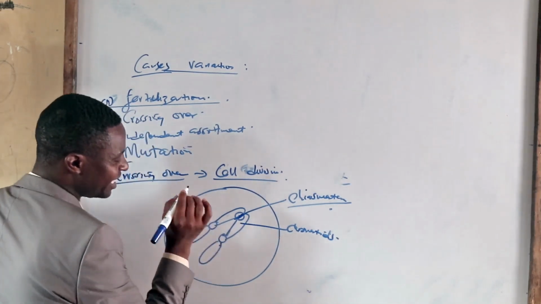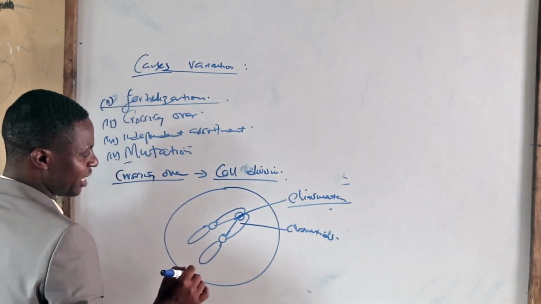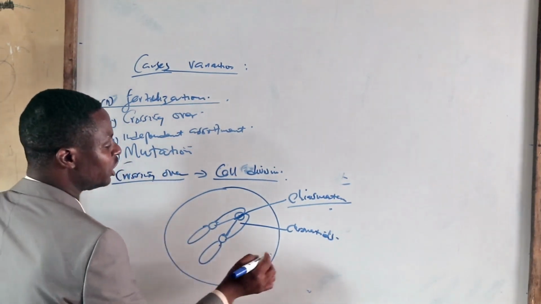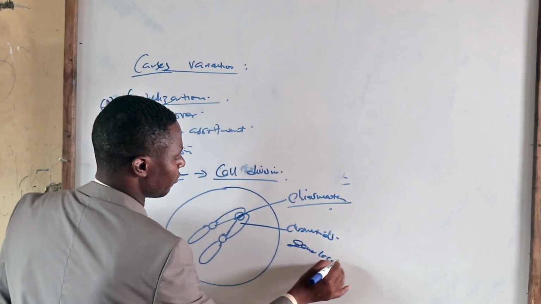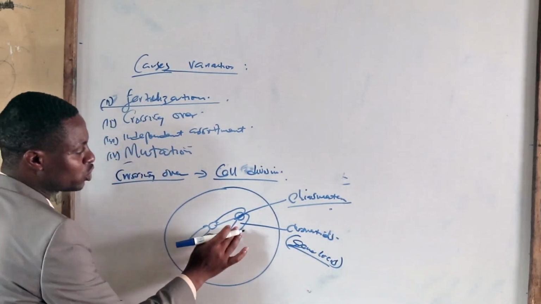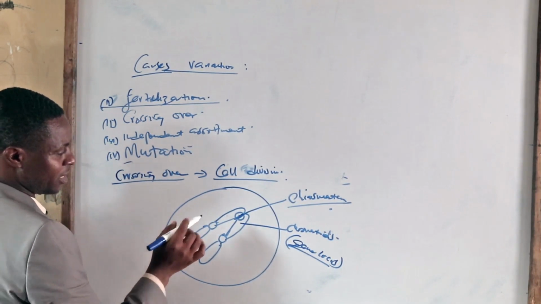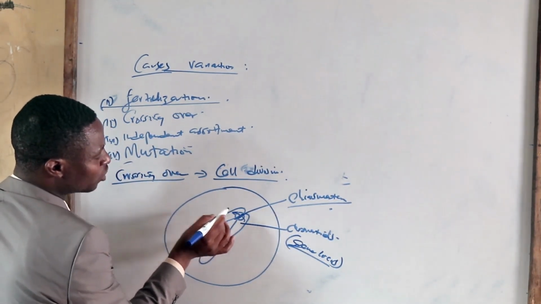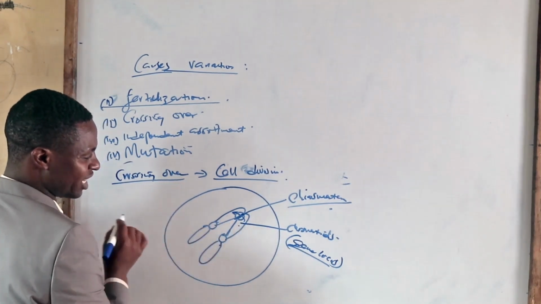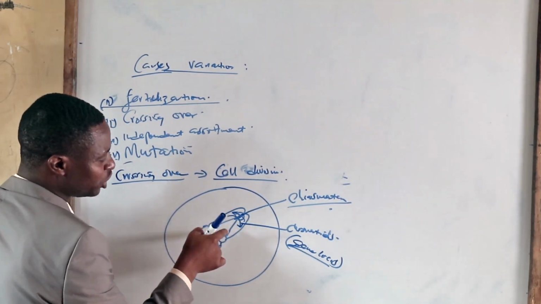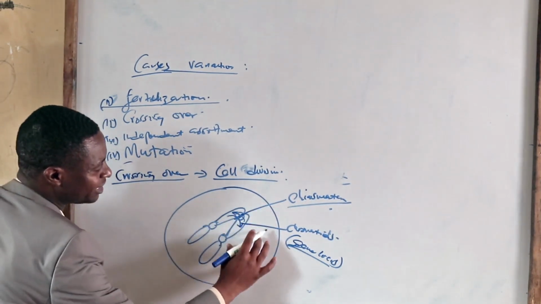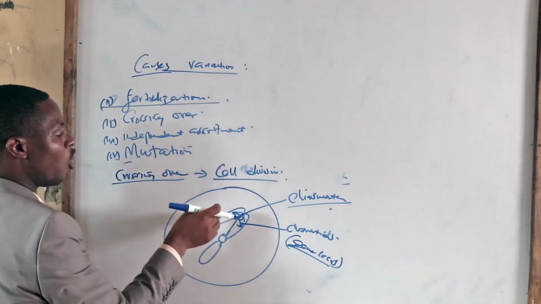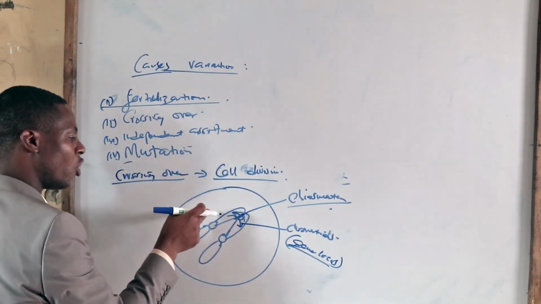You realize that the genes or the characteristics are located on the chromatids in positions called gene loci. So when the two chromatids come into contact with one another, the genes or characteristics might cross over from one chromatid to another, and another from this side to this one. When the two chromatids separate, this chromatid is going to have some characteristics of the other chromatid, which also happens to this one.